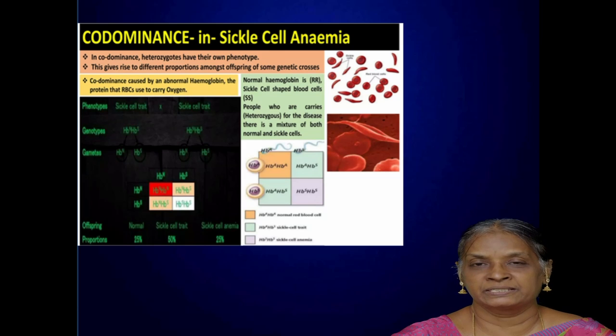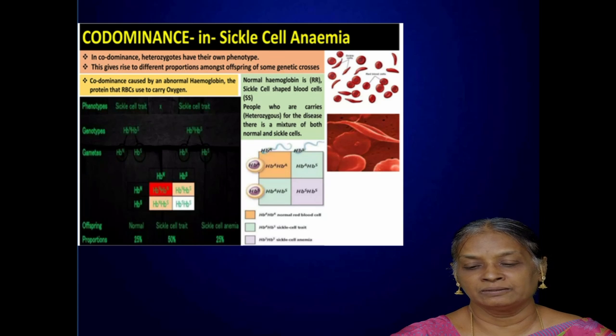When the HbS allele is present in double dose, they are recessive alleles responsible for sickle cell anemia, and the person automatically has the disease called sickle cell anemia.